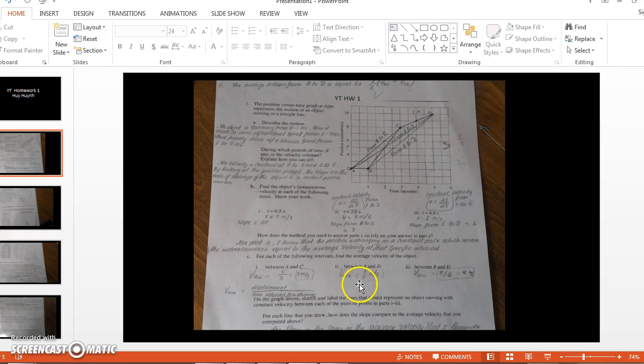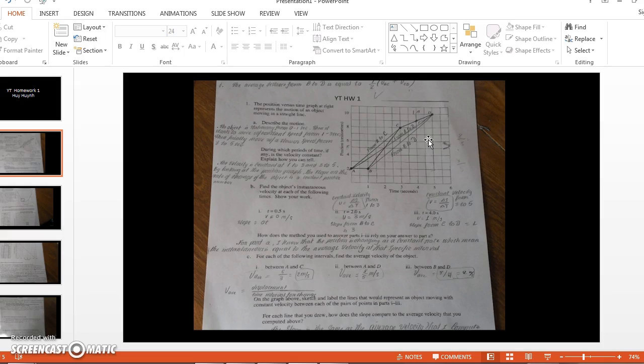So similar for A to D. This is the line from A to D, and I found the slope to be 5 meters per second. And then for B to D, this is the line from B to D, the slope of that line is 2 meters per second, so that would be the average velocity.